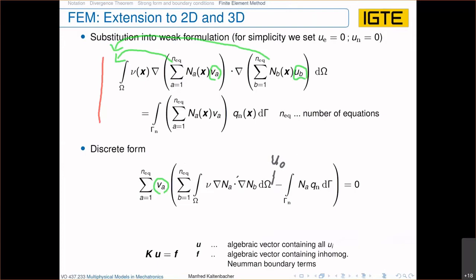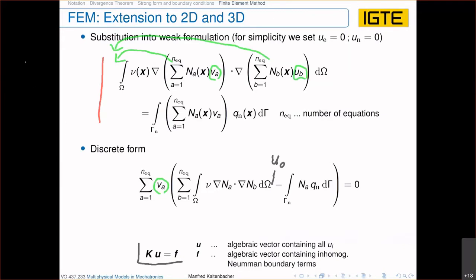That means we can collect everything, and what we get is a system of equations K u equals F. u is an algebraic vector containing all unknowns. F is the right-hand side vector, which is due to the inhomogeneous Neumann boundary condition, and K is our system matrix.